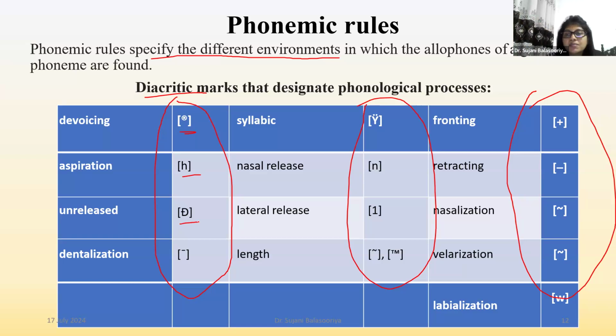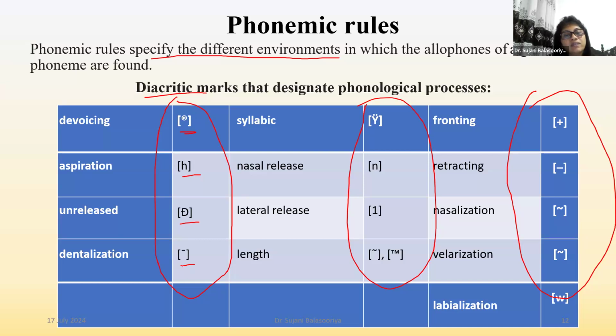There are some sounds which are pronounced by the speaker, but the listeners do not hear them properly: unreleased. Dentalization: some sounds can be pronounced by touching the tip of the tongue to the upper teeth. There are originally dental sounds, but we can make some sounds dental.